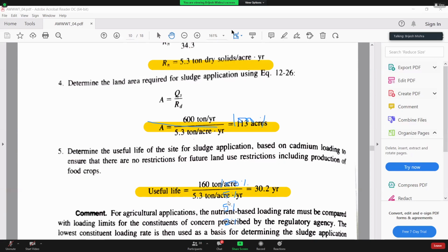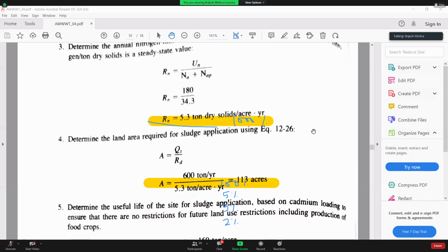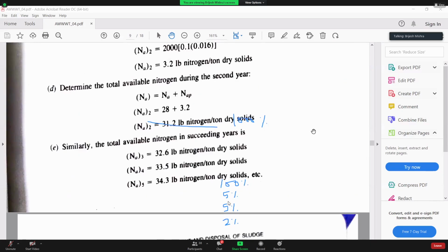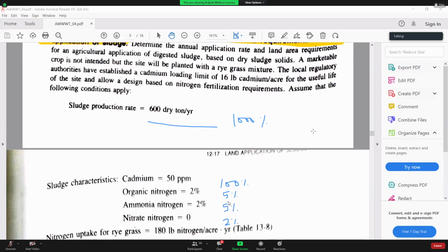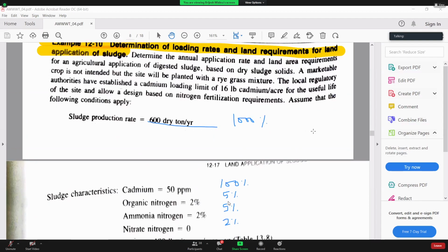Okay, one is 433, second one is 658. Third one, useful life is 69 years. Okay.